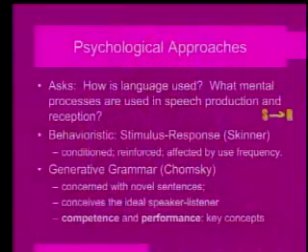Sometimes little people, 4 or 5 years old, will say something that is particularly insightful, and we wonder what kind of mental process went on that caused them to be able to produce that insight at that particular age. But anyway, psychological approaches look at how we are using language and what kind of mental process is taking place in this production reception process.